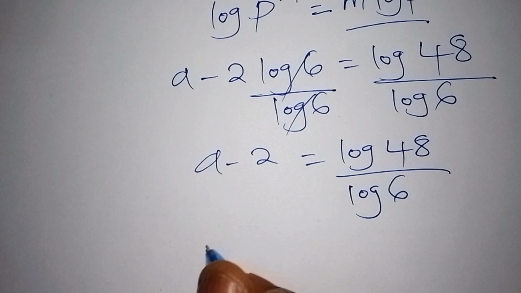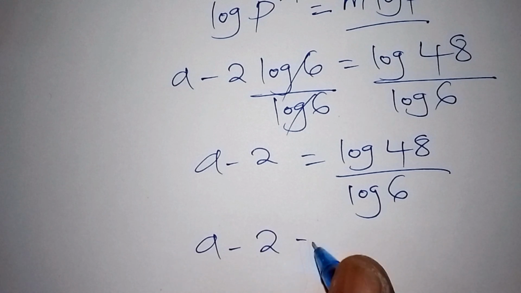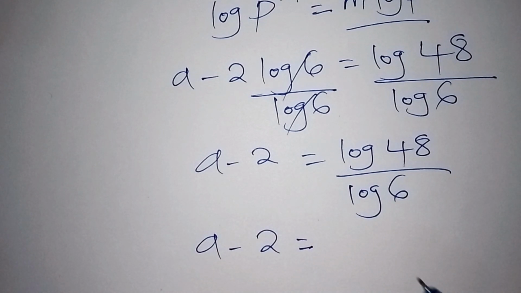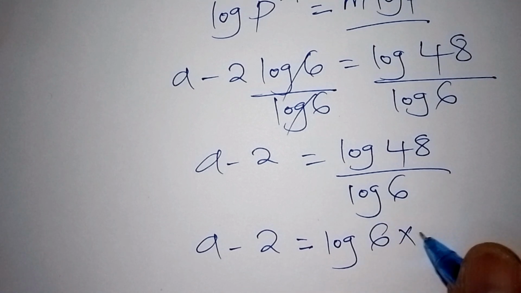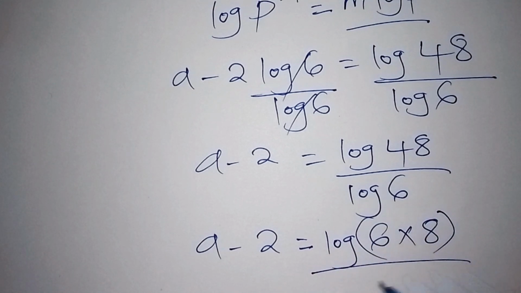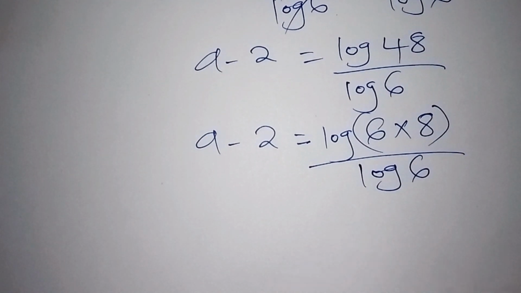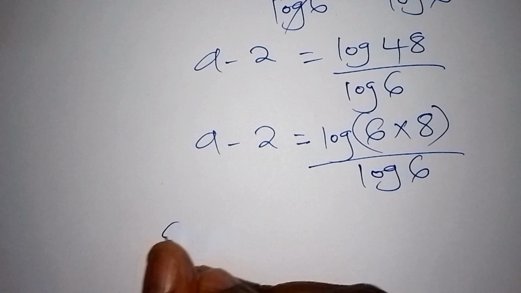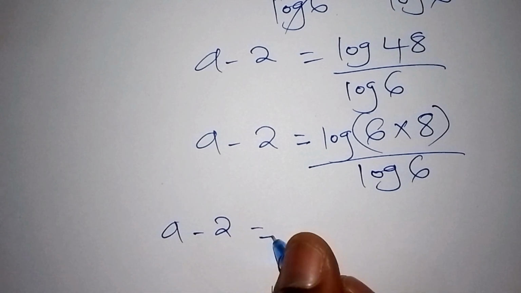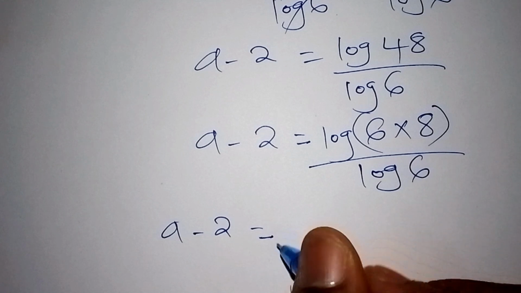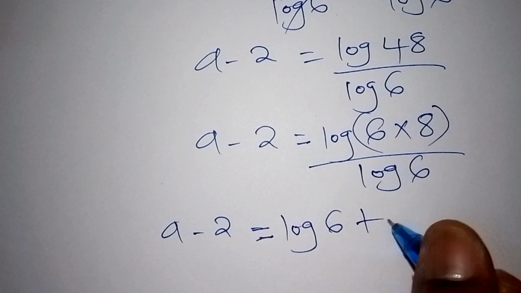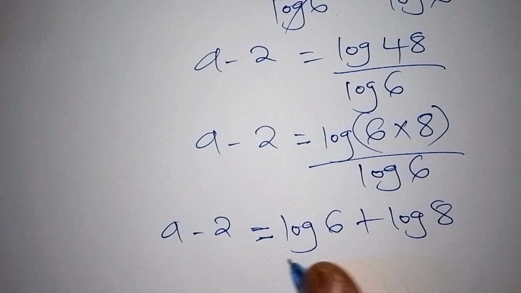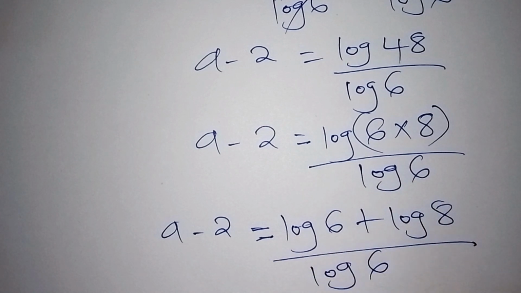So a minus 2 is equal to the log of 48, which can also be written as the log of 6 multiplied by 8, all over the log of 6. According to the law of logarithms, the log of 6 multiplied by 8 can be written as the log of 6 plus the log of 8, all over the log of 6.